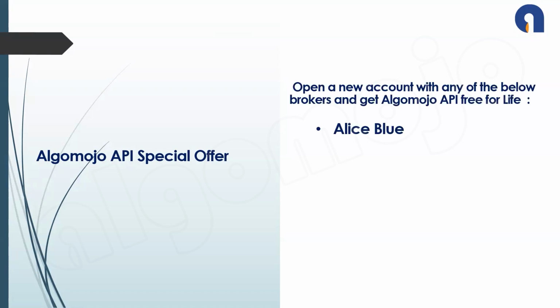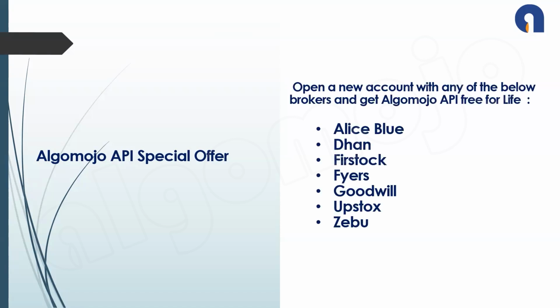Of course, for API-based trading, you will need access to Algomojo. One method is a subscription, or the other is to open an account with any of these seven brokers. If you open a new account with any of them, you get the APIs of Algomojo also free of cost for life.